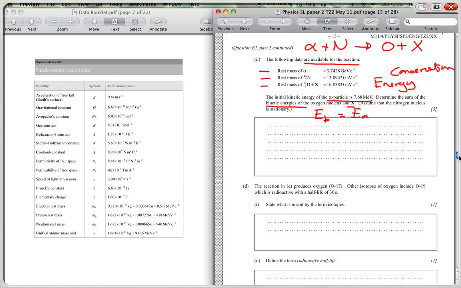Now, when we look at this, if we look at our mass difference, if I take my 16.8383 and subtract from this side, 16.8383 is that.